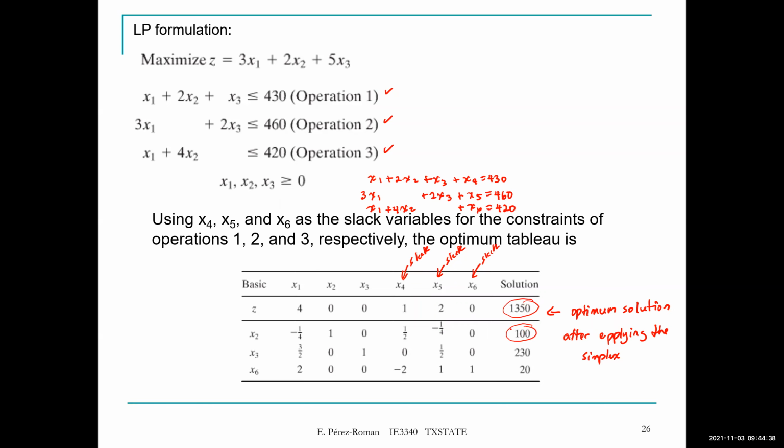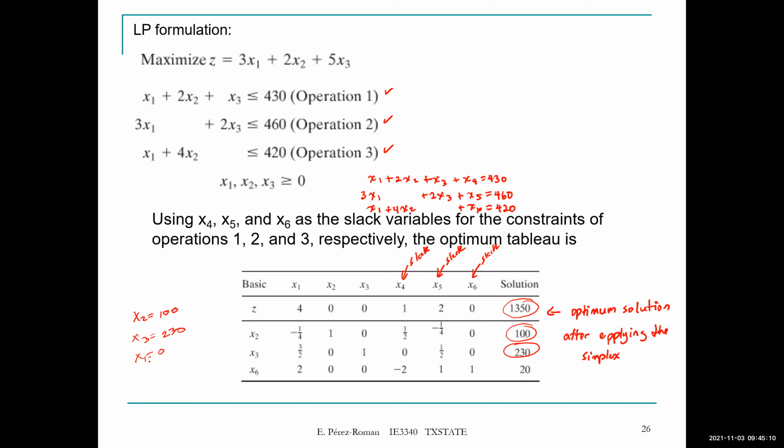So these are the trucks. x3 equals 230, which are the cars. And then x6 is a slack. So x1 equals 0. It's a non-basic variable. So you're not producing anything for the trains. And that's the optimal solution for the problem.